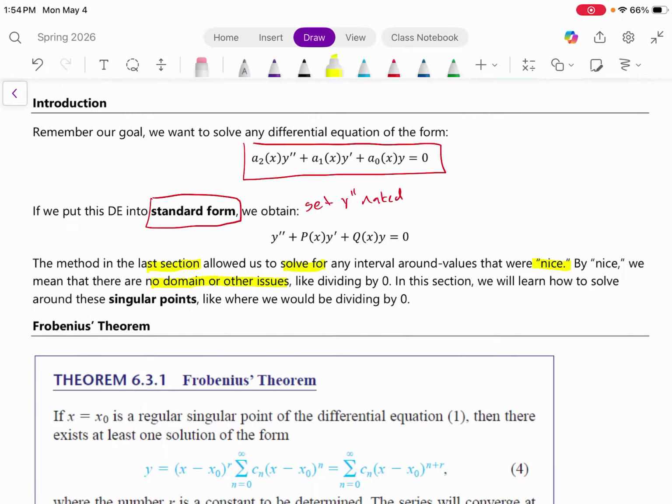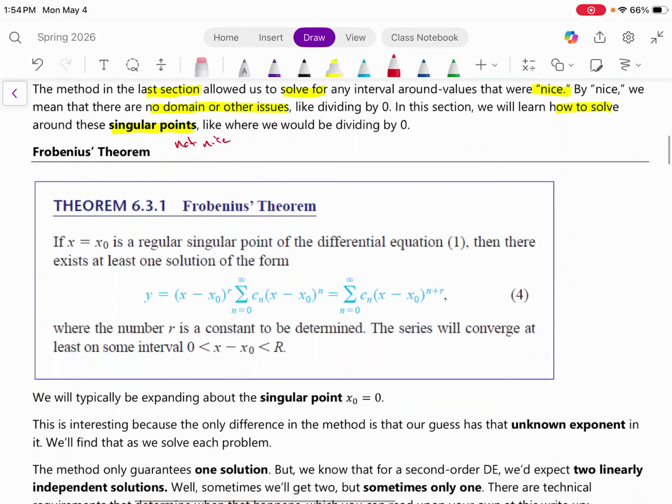But in this section, we're going to learn how to solve around these singular points, the not nice values, where we would have domain issues like dividing by 0. So we're going to learn how to actually solve differential equations with power series centered around these not nice domain issue x values. And that's where the Frobenius theorem comes in.